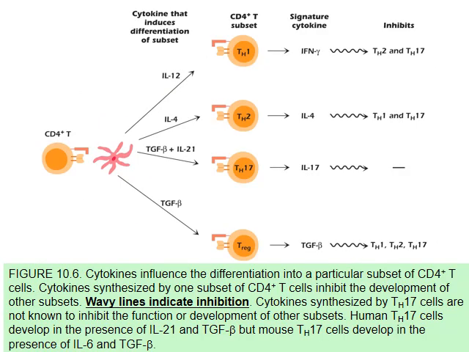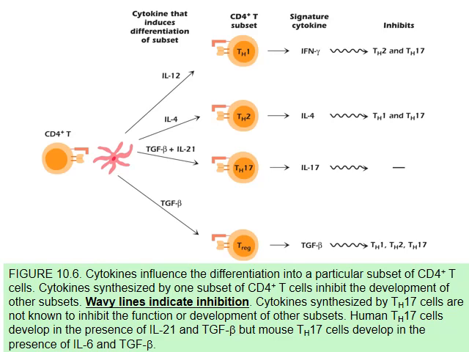Now, let's take, for example, T helper cells for now, CD4 T cell. In this case, what's happening is that this particular T cell, which was a resting T cell, is going to be differentiated into a different set of cells based upon the influence of a cytokine. This influence may be positive, right?